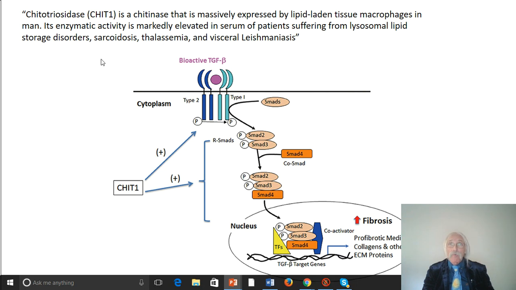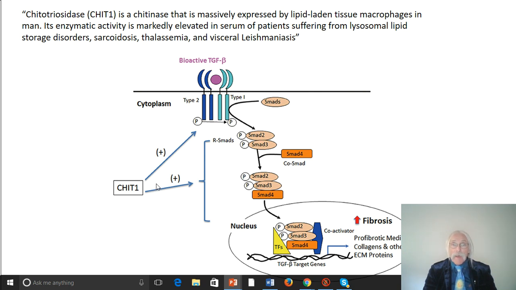So it's a general defensin type of enzyme, as I mentioned. So you see it in sarcoidosis, thalassemia, as well as visceral leishmaniasis. Okay, so various kinds of parasitic infections and pathogenic determinants can induce the increase in CHIT1.